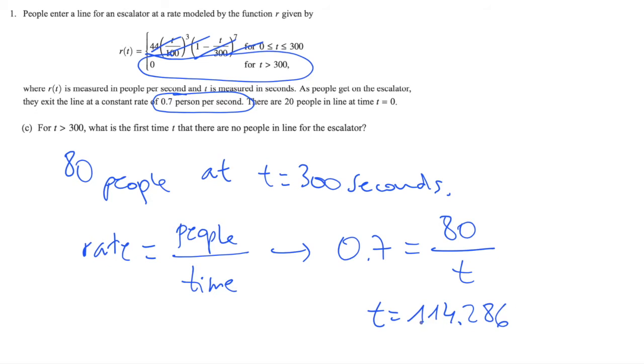But this is not the total time, this is the time after 300, which means for the total time we need to add 300, so the total time is going to be 414.286 seconds. After 414 seconds, there will be no people in line for the escalator.